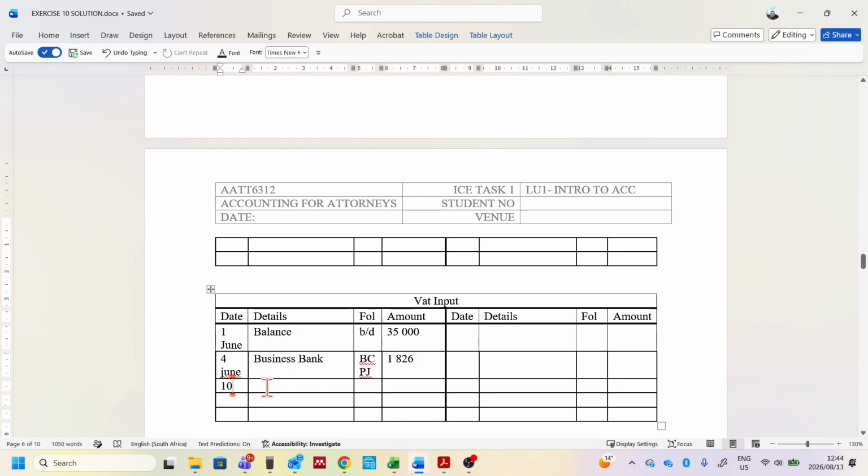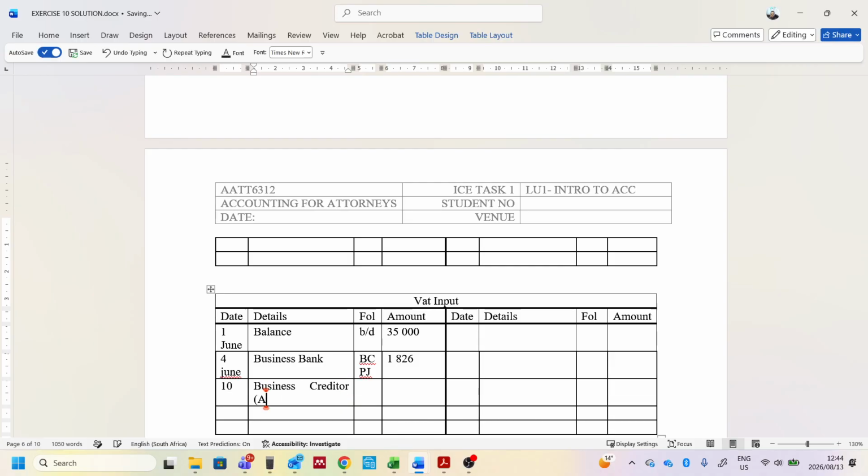So we have got the 10th. Then the account credited was what? Business creditor, ABC Stationers. So this was recorded in what? General journal.